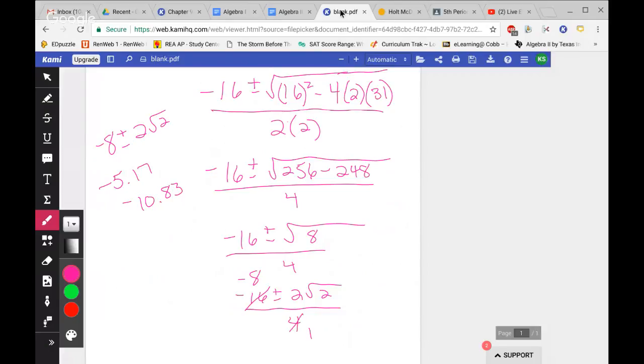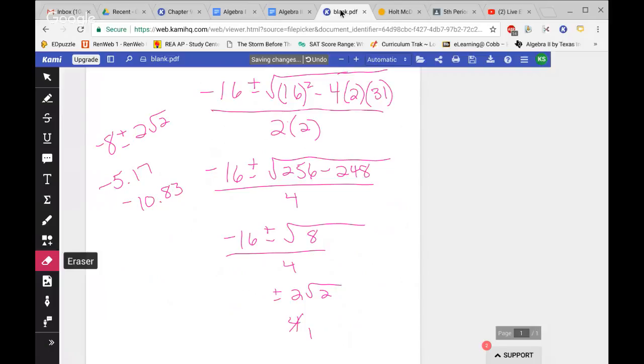I messed up. This should have been a 4. Did you see where I messed up? Back here, let me erase this. I'm moving too quick.